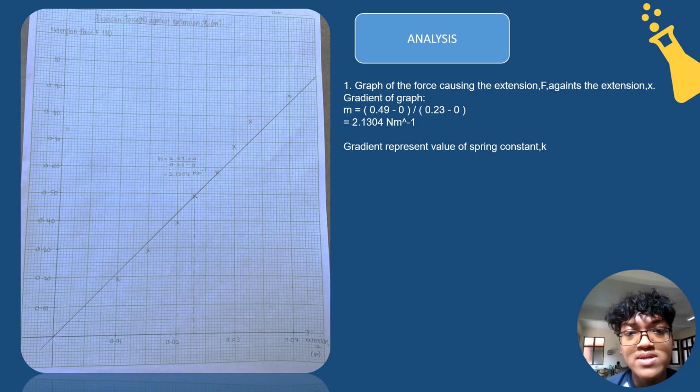The gradient of the graph represents the value of the spring constant K.